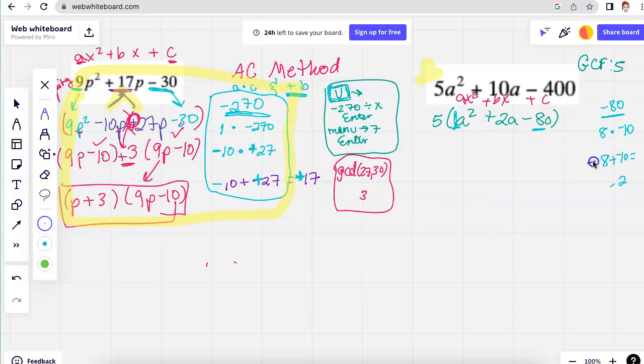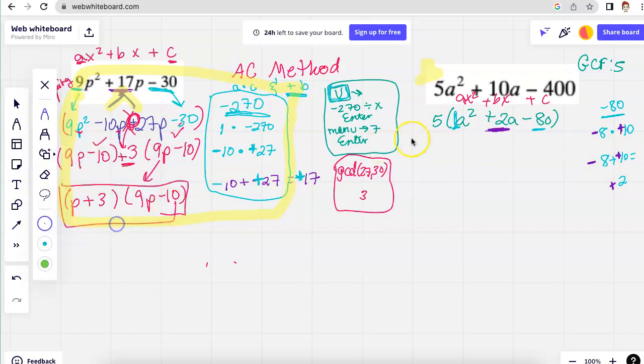So if I make it negative 8 plus a positive 10, that will give me my positive 2 that I need for my b. So negative 8 times positive 10 gives me negative 80, so a times c, and then add to b. Negative 8 plus 10 gives me 2. And we're right back to where we were.